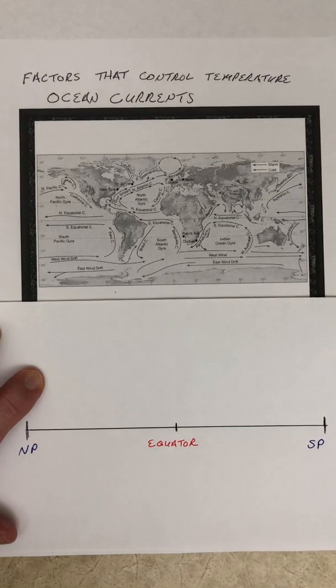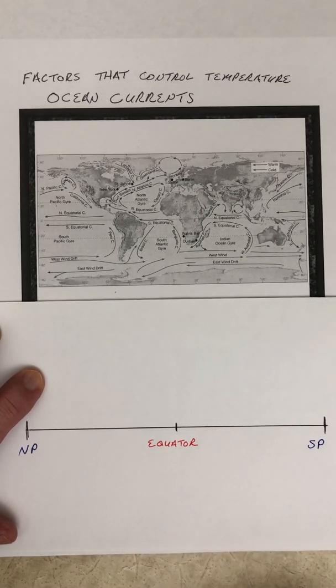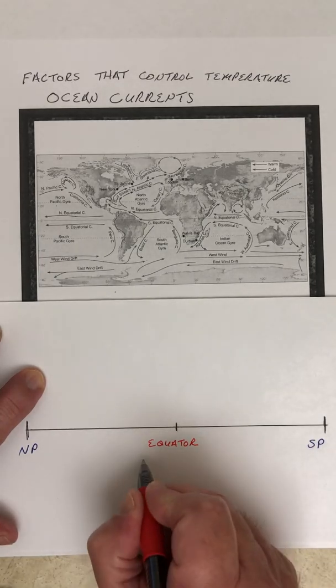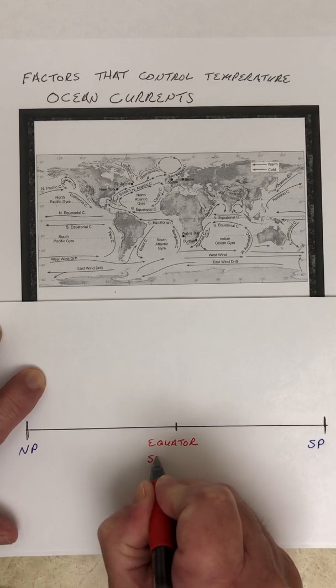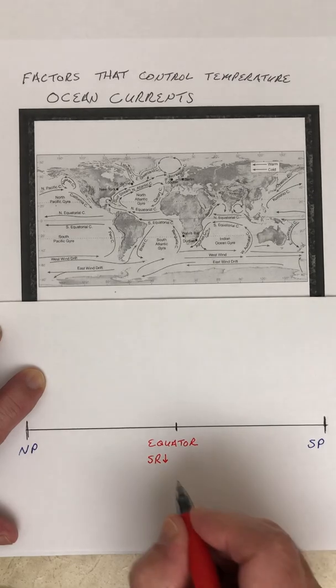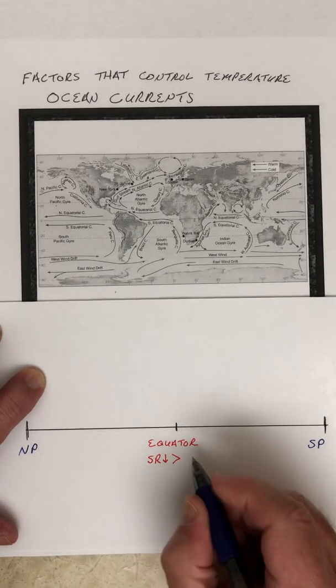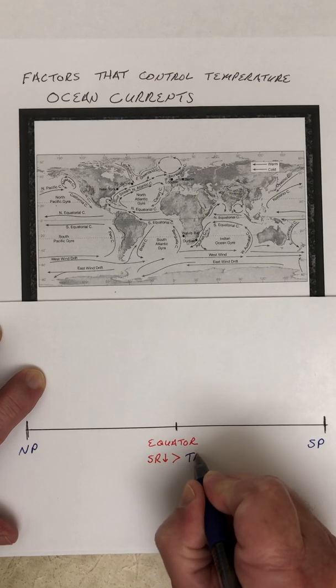Why I drew this is we're going to take a look at the difference between incoming solar radiation and outgoing terrestrial radiation. At the equator, we have lots more incoming solar radiation, so incoming solar radiation is greater than outgoing terrestrial radiation.